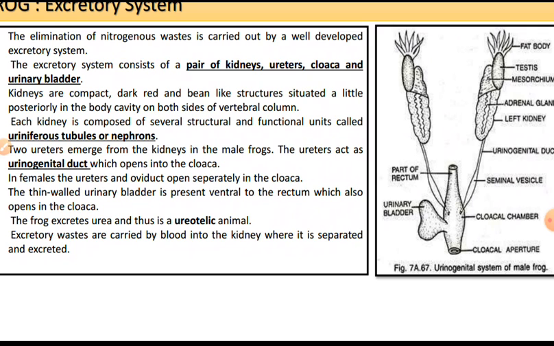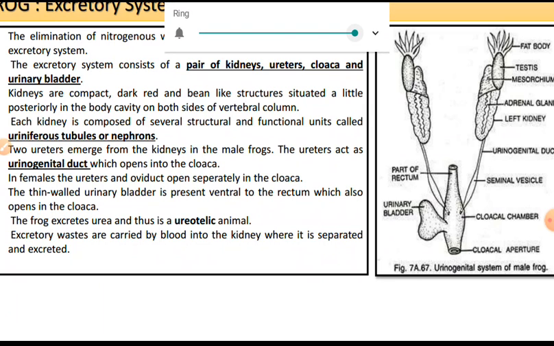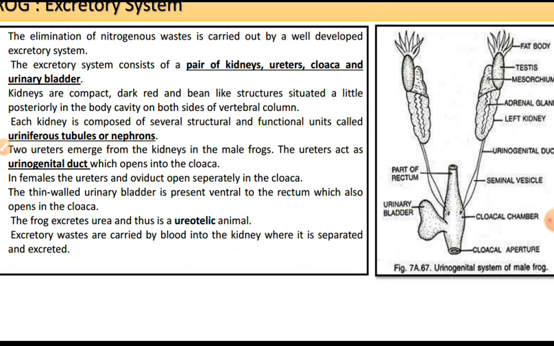Then we'll see the last part, the cloaca, and this is the last part of the urinogenital excretory system of the frog, and it acts as a part of the urinogenital system. And how the frog excretes, the physiology, let us see.